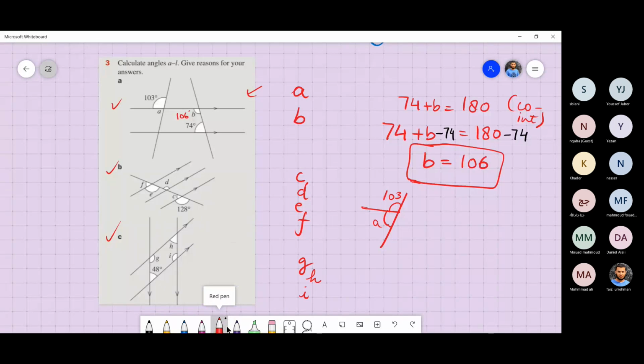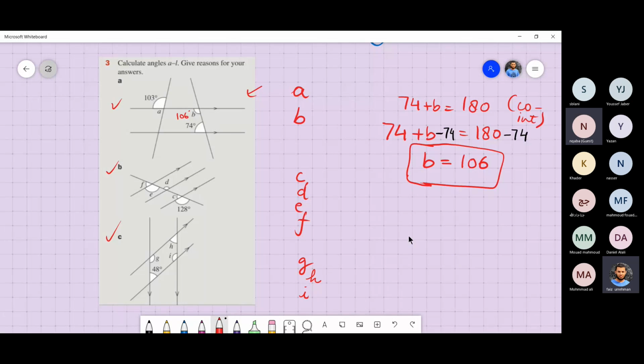Co-interior? Are they co-interior? How many vertices are formed? Only one. Co-interior contains two vertices, like a room with two corners. One corner is for angles on a straight line.